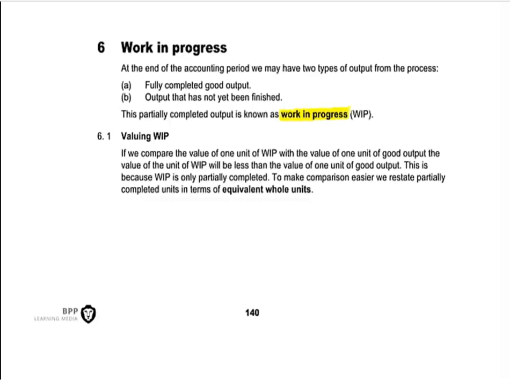And we need to know how to account for that work in progress. When we're valuing our work in progress, then we need to look at equivalent units, because we can't value something that's 50% complete as the same as something that is 100% complete. So we need to work out the equivalent whole units.